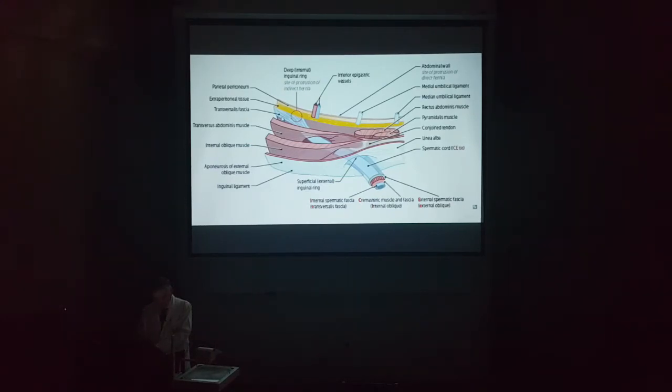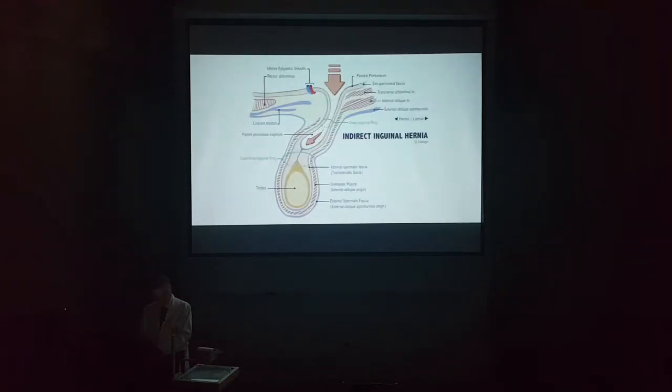These are the 3 layers of the anterior abdominal wall, and you can see that when you ask the patient to cough, the swelling comes obliquely down. This is indirect inguinal hernia.